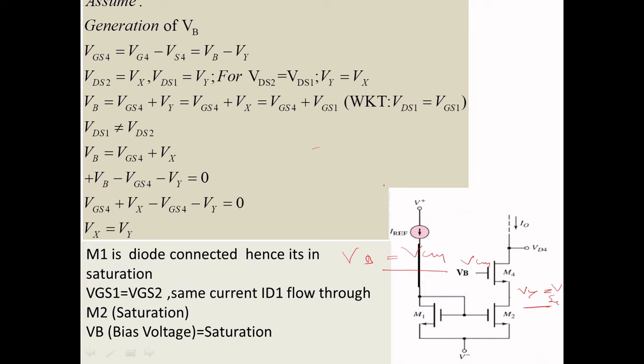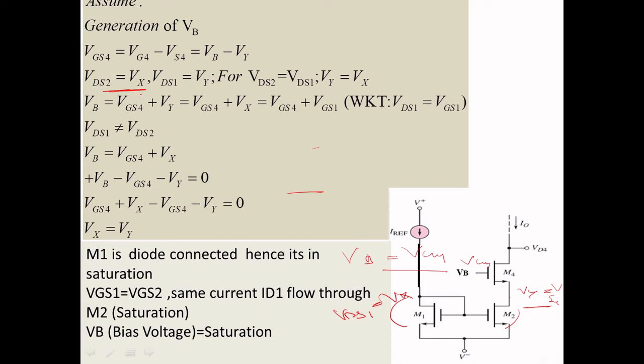Already we learned VDS1 equals Vx and VDS2 equals Vy. With that assumption, VDS1 equals VDS2 and Vy equals Vx, which you want to consider.